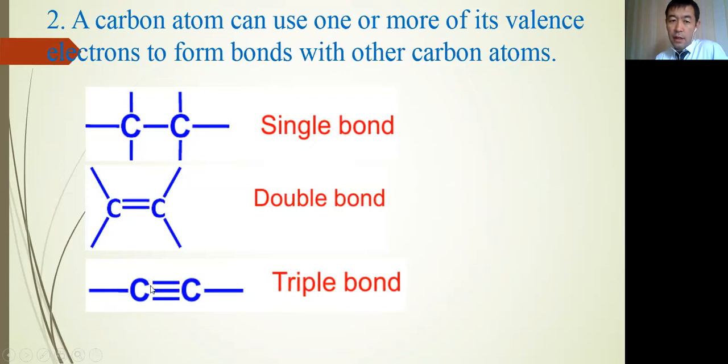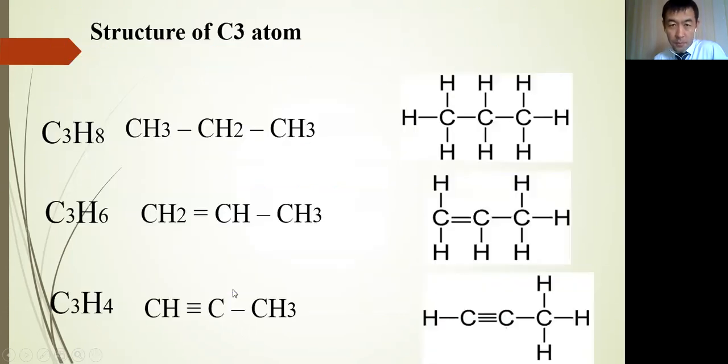In this case, 3 electrons of this carbon are used here, and here the carbon has only 1 electron, so this carbon can have only 1 bond here, and this carbon also can have only 1 bond here.